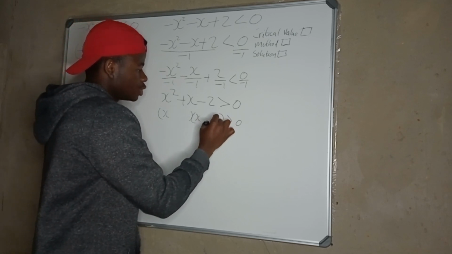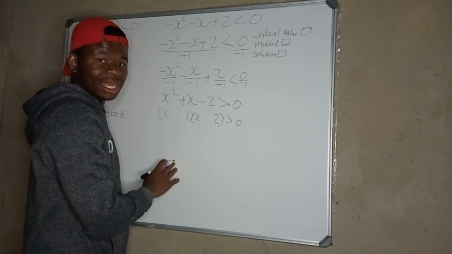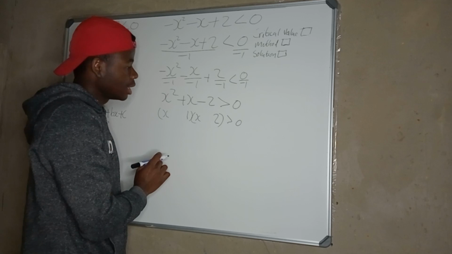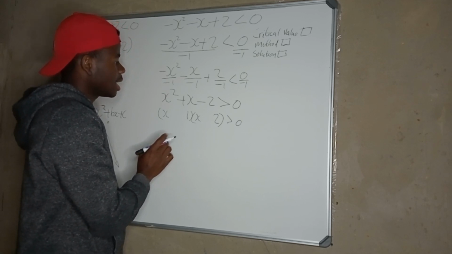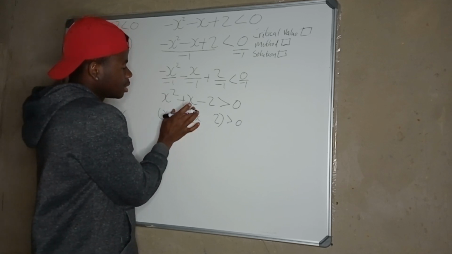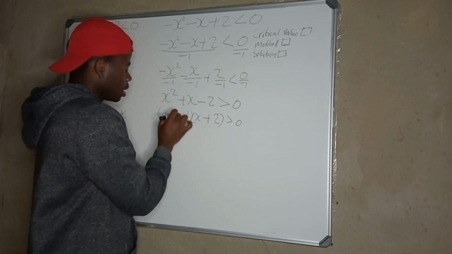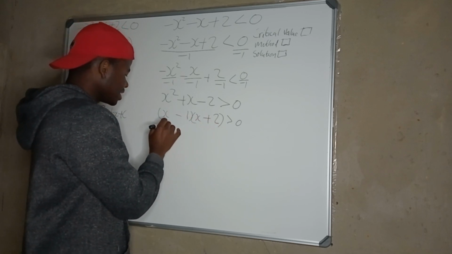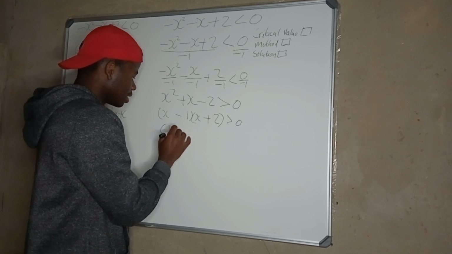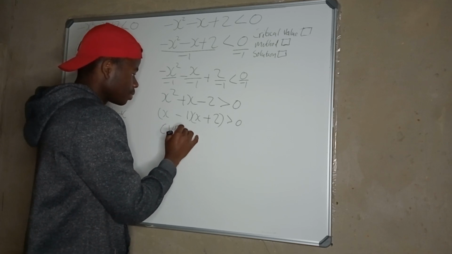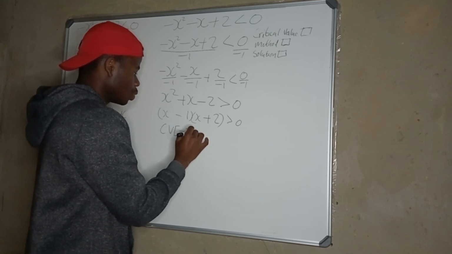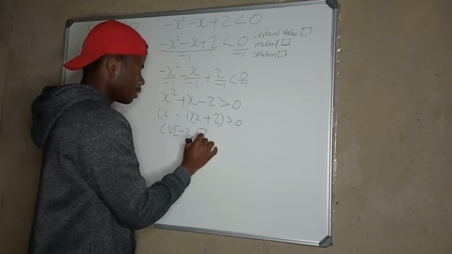It's going to be 2 and 1. The bigger bracket takes the middle sign, the positive. Plus and then minus. My critical values are going to be negative 2 and 1.